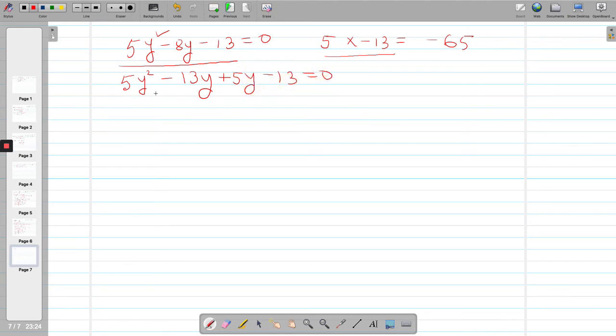I've written this extra line, but you can write it straight in the bracket. If I take y common, it will become 5y minus 13 in one bracket, and the other bracket is y plus 1, isn't it?